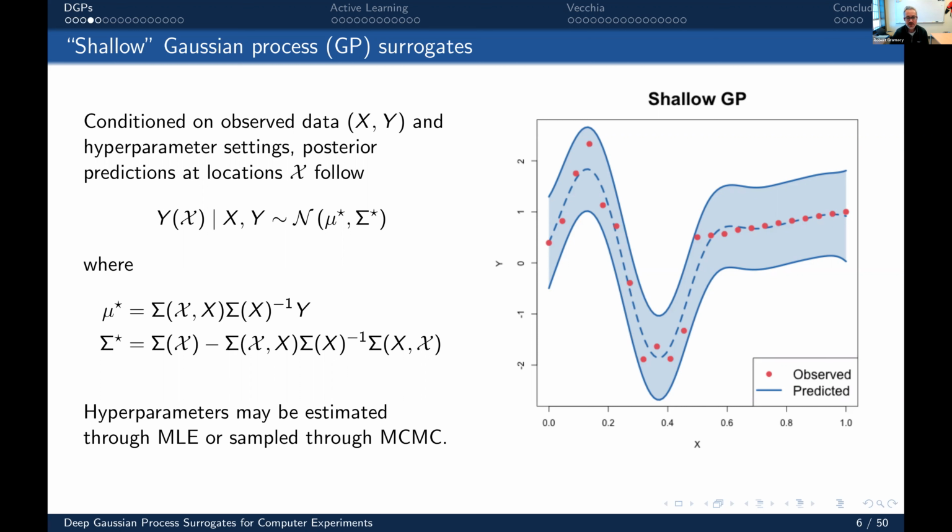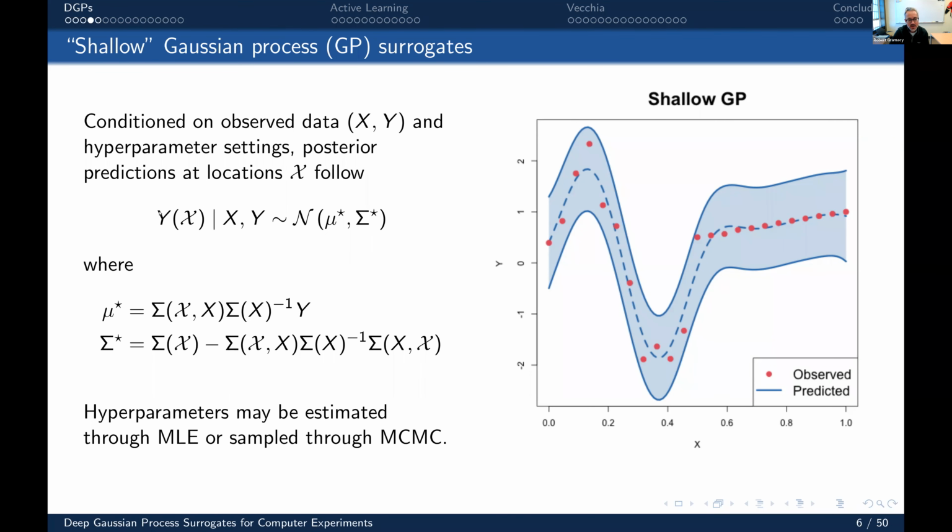And I've summarized those equations here for you in the context of the previous slide with a zero mean multivariate normal distribution and a covariance matrix defined by sigma. So I can derive the predictive distribution for a testing set of locations.